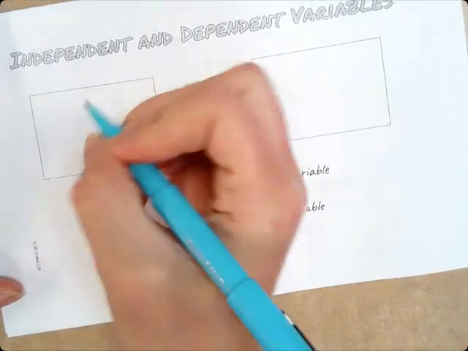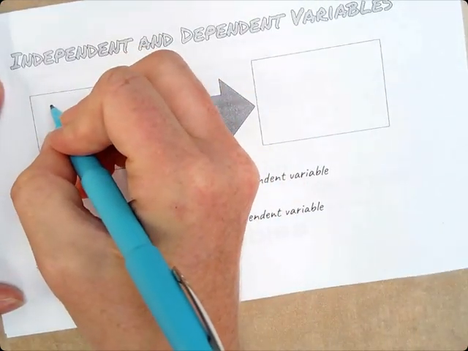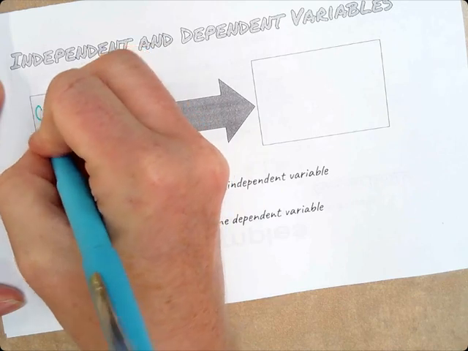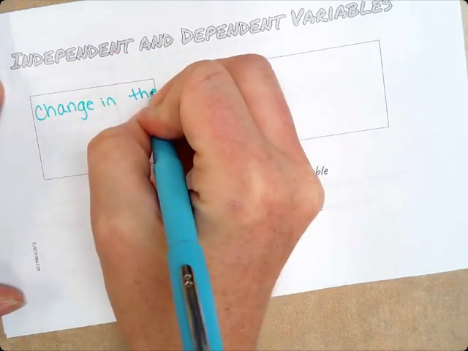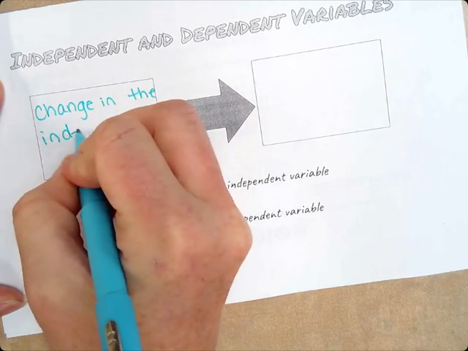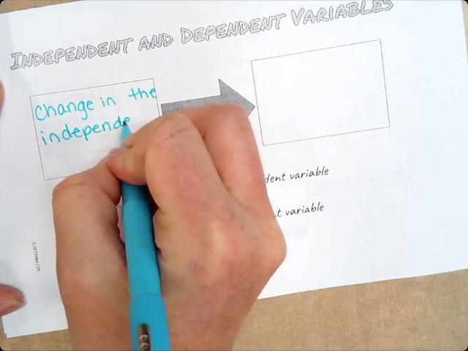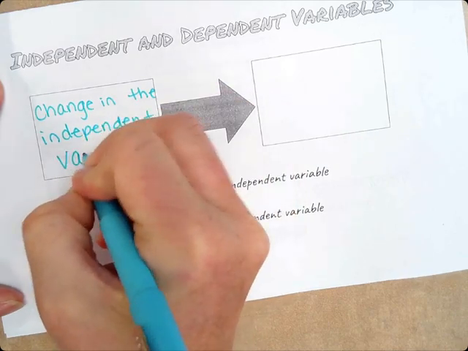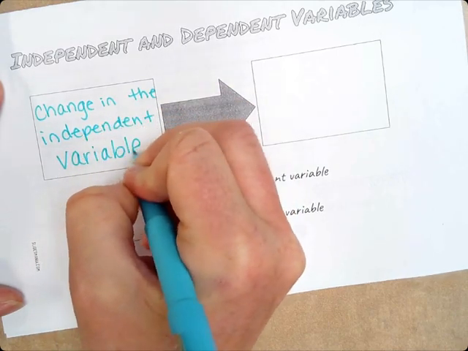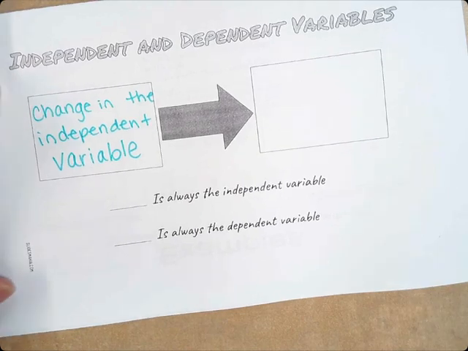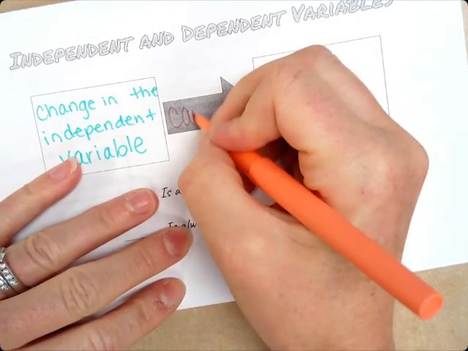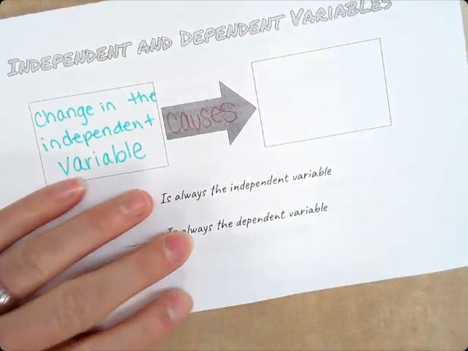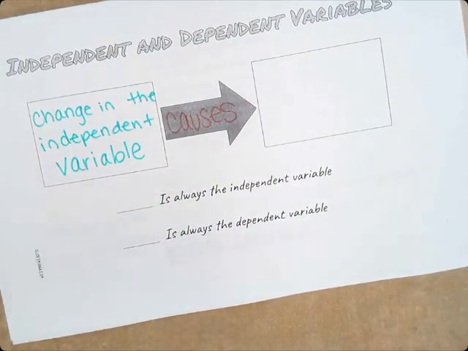So we are going to write in here: change in the independent variable causes change in the dependent.